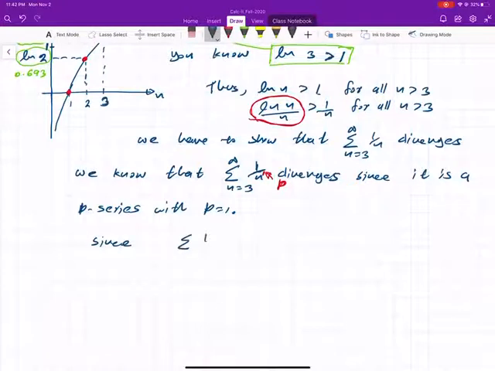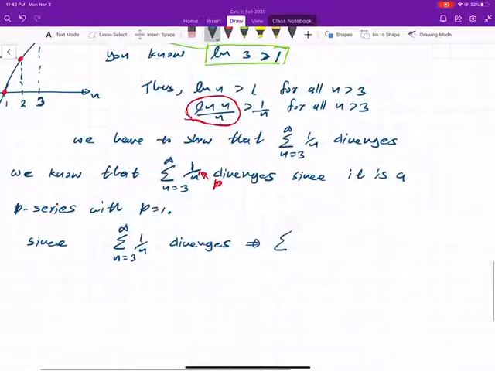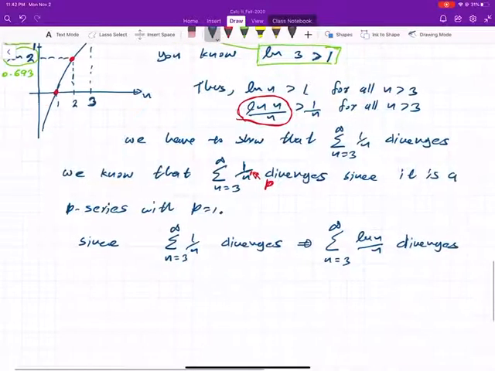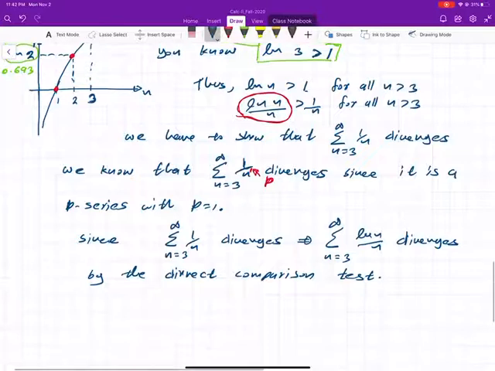Since the sum from n equals 3 to infinity diverges, this series also diverges by the direct comparison test.